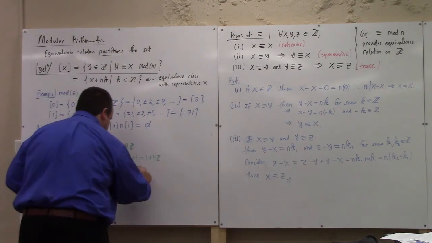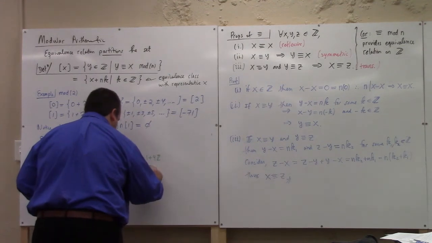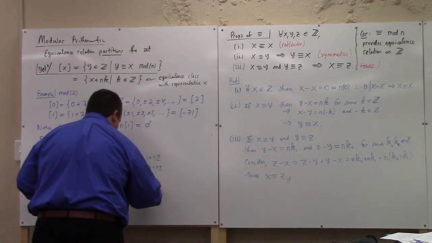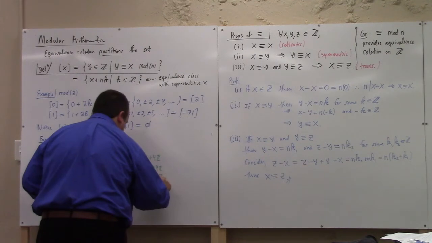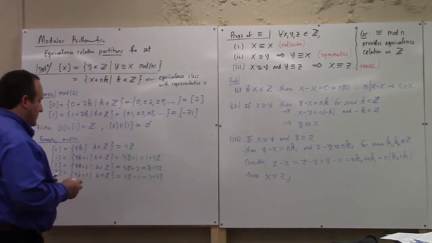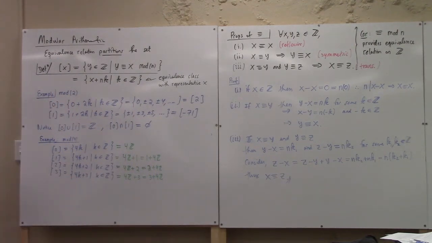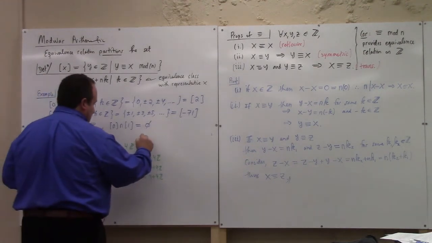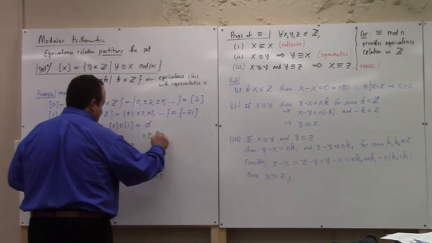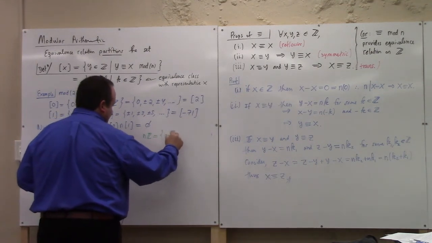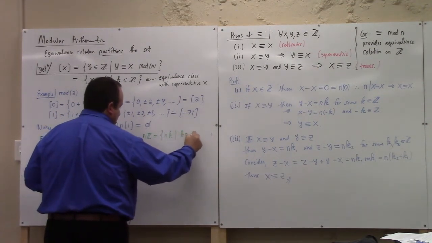As sets, it's definitely the case that this is equal to 2 plus 4Z. It's kind of a question of style, whether you want to write it one way or the other; we've already said it's symmetric. But certainly the notation is just this: nZ is just the integer multiples of n.